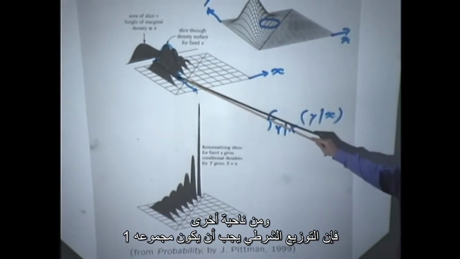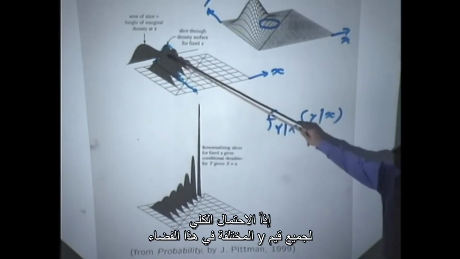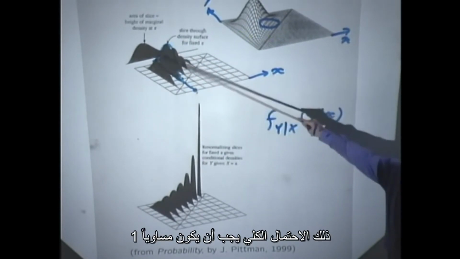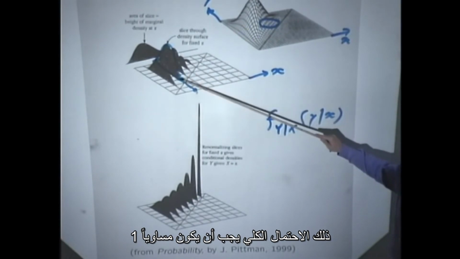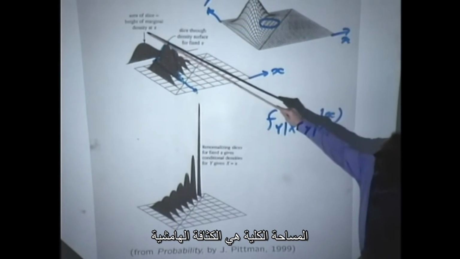On the other hand, the conditional distribution must add up to 1. So the total probability of the different y's in this universe, that total probability should be equal to 1. Here, it's not equal to 1. The total area is the marginal density.